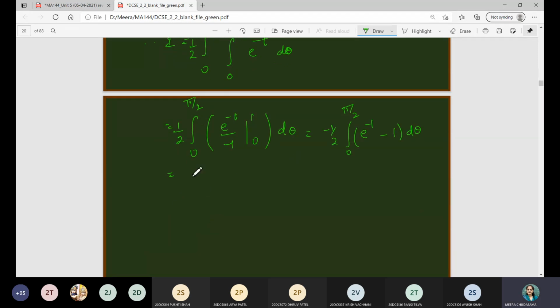So I can write this answer as 1 minus e inverse by 2 into the integration, which will be pi by 2 minus 0. The integration will be theta and it will vary from 0 to pi by 2. So the final answer will be pi by 2. So this is 1 minus e inverse times pi upon 4. So this is the final answer you will have.